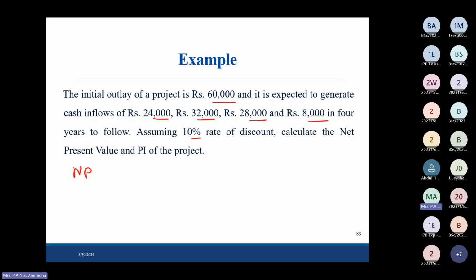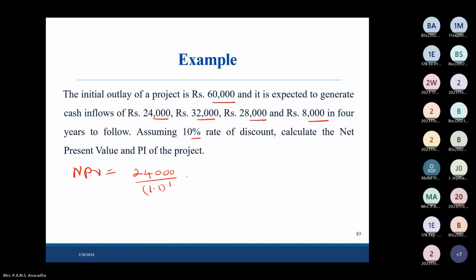So you can calculate NPV as the present value of the cash inflow. That is 24,000, with the cost of capital 1.1. The life of the project is 4 years.